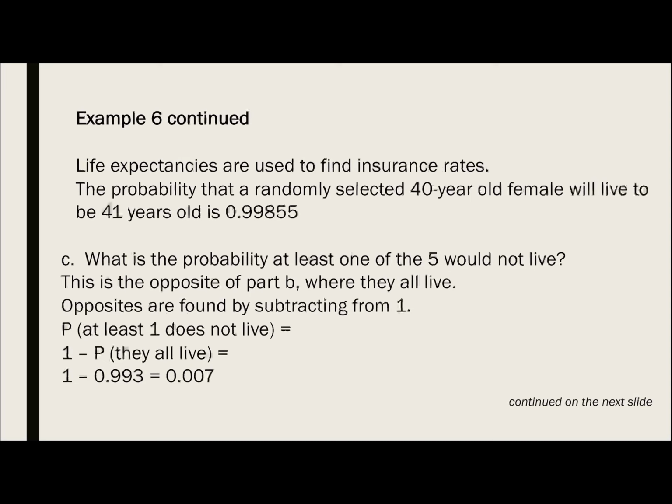Okay, all 5 women live. What's the probability that at least one of them does not? Opposites are found by subtracting from 1. The probability at least one does not live is the opposite, that they all live. So we're going to do 1 minus 0.993, which is what we found in part B.